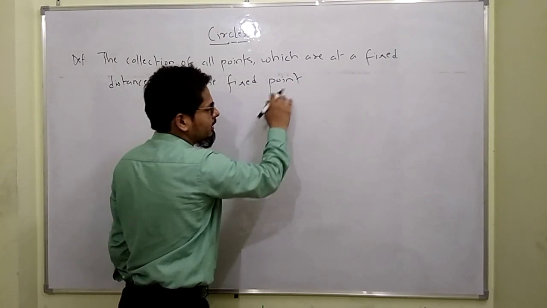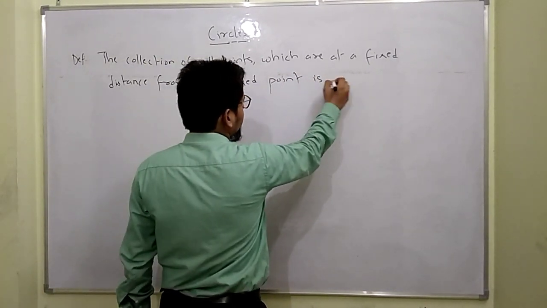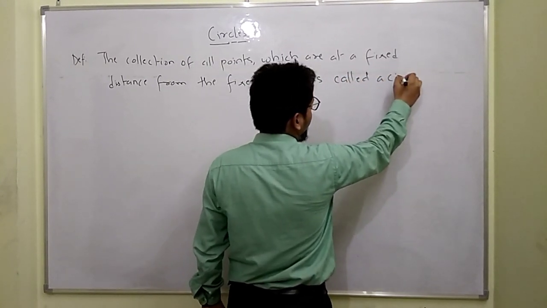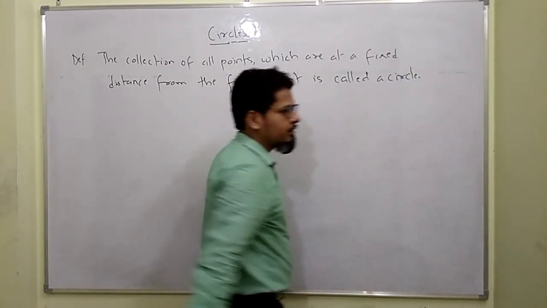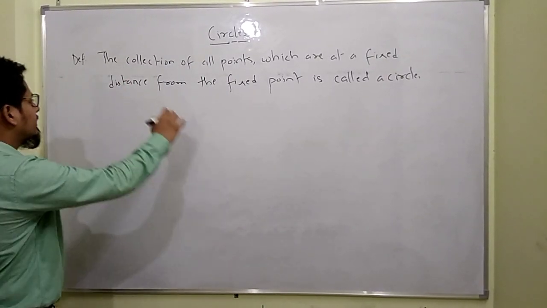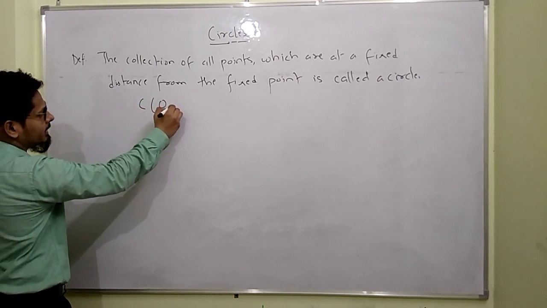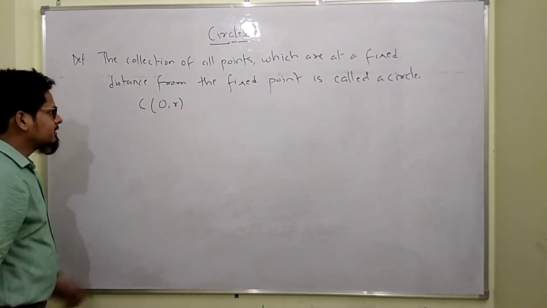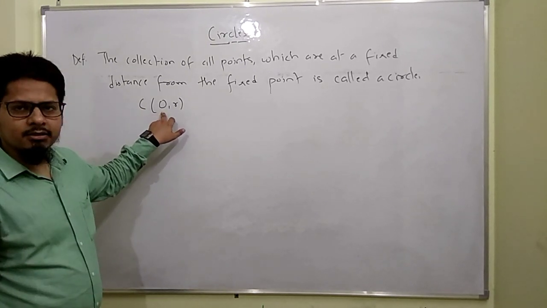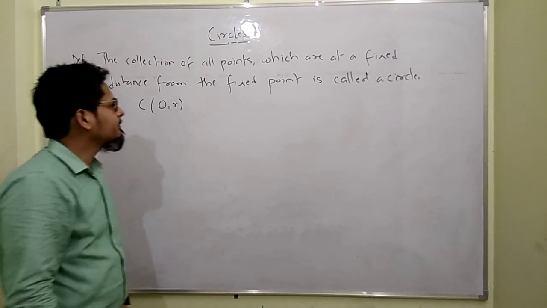That fixed point is called the center, and the figure is called a circle, right? This is the definition of circle. Circle is represented by capital C, O is the center and R is the radius.